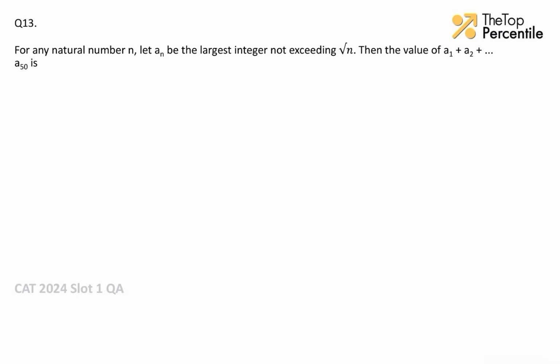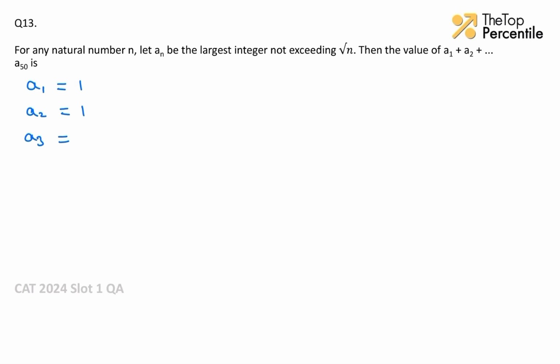For any natural number n, let an be the largest integer not exceeding root n. Then the value of a1 plus a2 up till a50 is what? Okay, so we have a1 as root 1, which is 1. A2 will be root 2, so the largest integer not exceeding root 2 is 1.